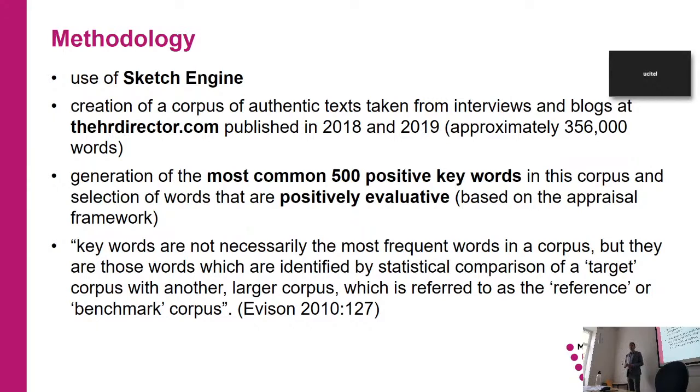I should also mention what a keyword is, because this is not the most common word, but keywords are generated when you compare the specialized corpus with a general corpus. In my case, this was the British National Corpus, and the corpus shows you what the differences are between this specialized corpus and the general corpus. So you see the words which are really very specific for the corpus you have created.